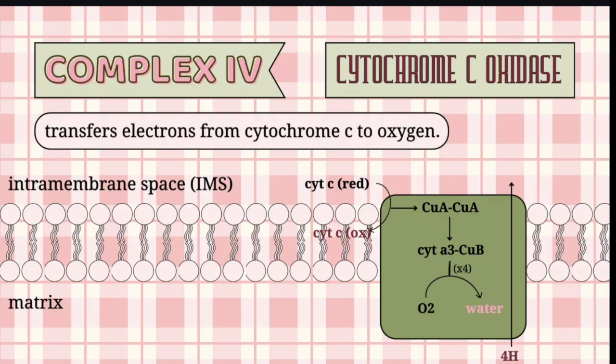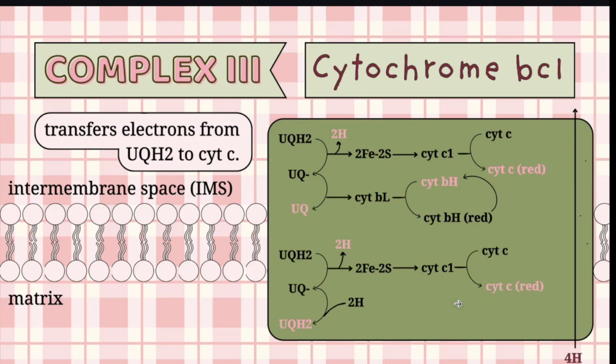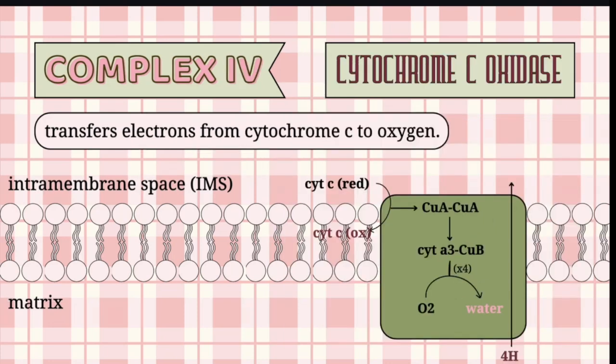Each of these centers will bind to one molecule of oxygen. Now you need 4 of these reduced centers to bind to oxygen so that it can form water. That's why you need to form 4. Now remember when I said each complex will result in 1 Q cycle, and each Q cycle will produce 2 cytochrome Cs.